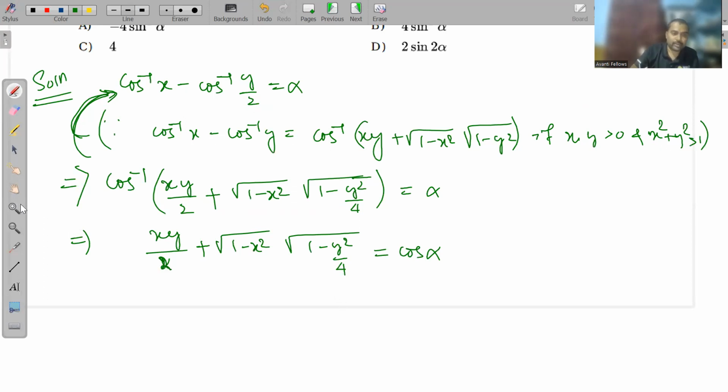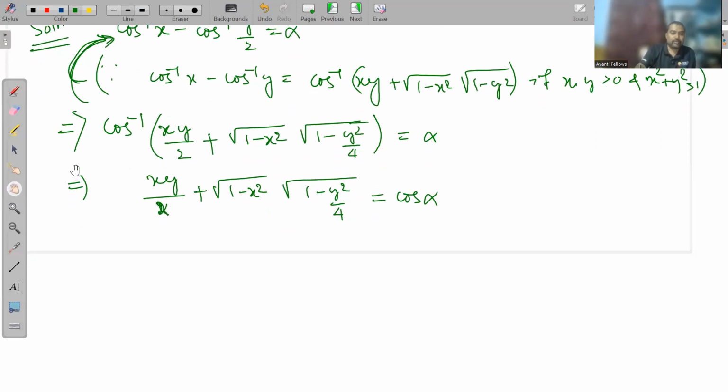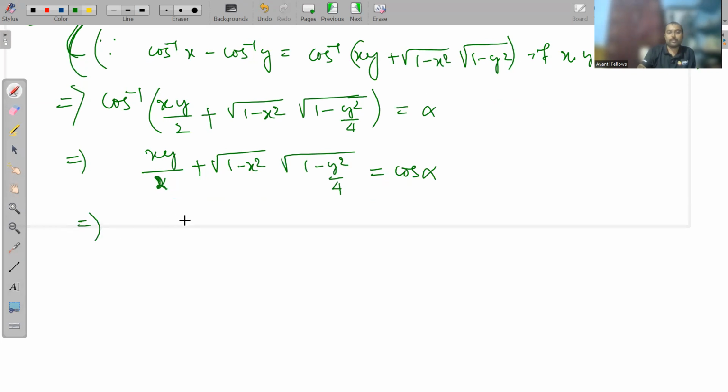If we take the LCM in the left hand side, we'll get 2xy plus 2 into root of 1 minus x square into root of 1 minus y square by 4, which is equal to cos of alpha.